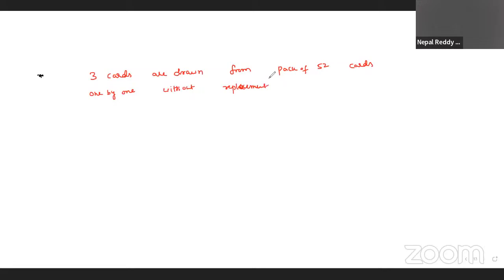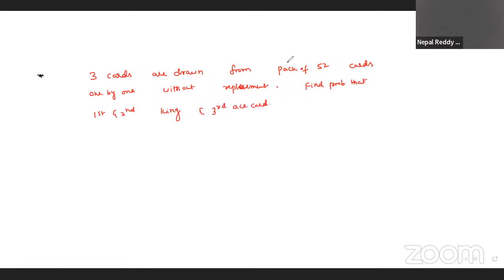Next, the question is, find the probability that the first and second cards are king cards, and the third card is an ace card.